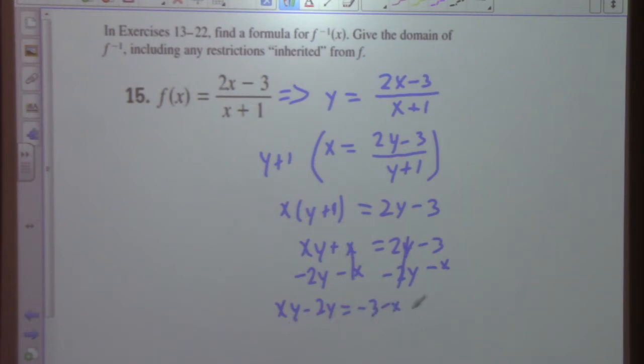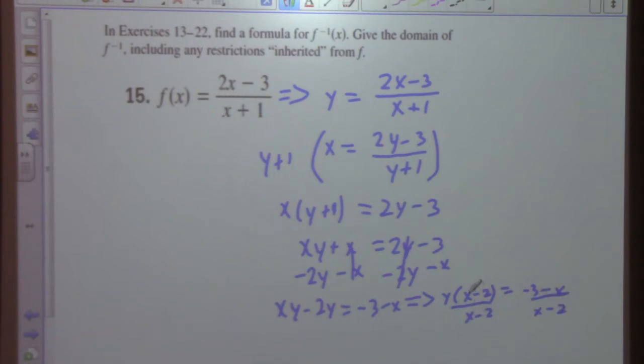And then take out y, so I'm going to move to the right here. y times x minus 2, is that right? All right, thank you, Adam. Good work, okay. Negative 3 minus x, and then divide by x minus 2.